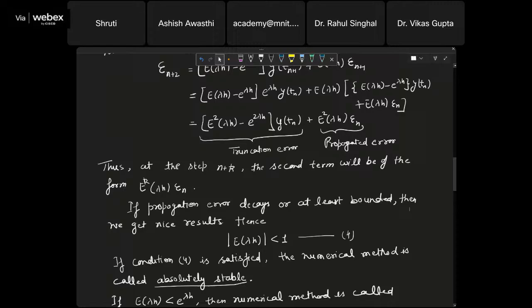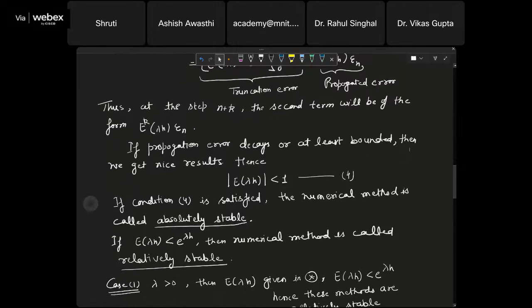If this condition holds, then we can say that the method is absolutely stable. So with the help of this test problem, we end up with this condition on h under which the method will be absolutely stable. Moreover, if E lambda h is less than e to the power lambda h, then the method is said to be relatively stable.